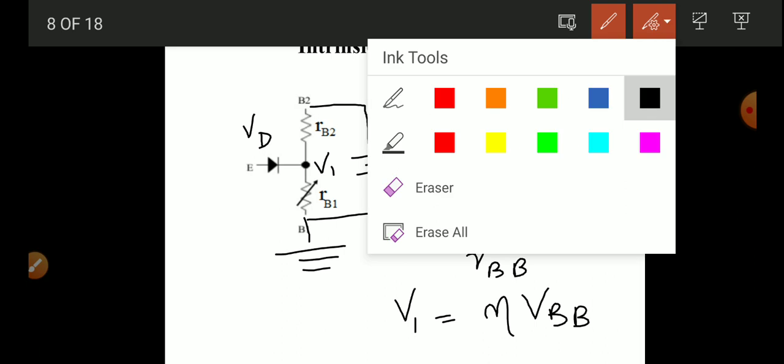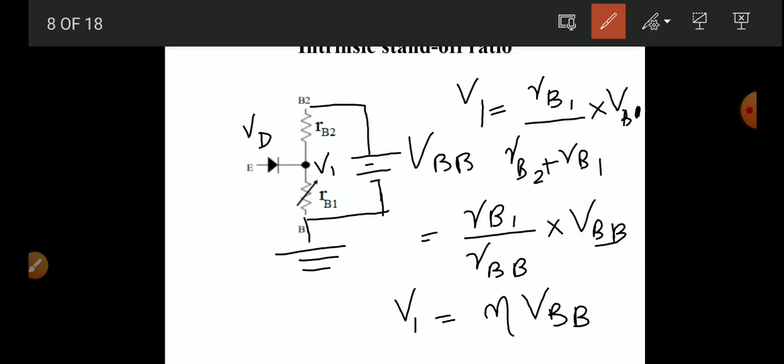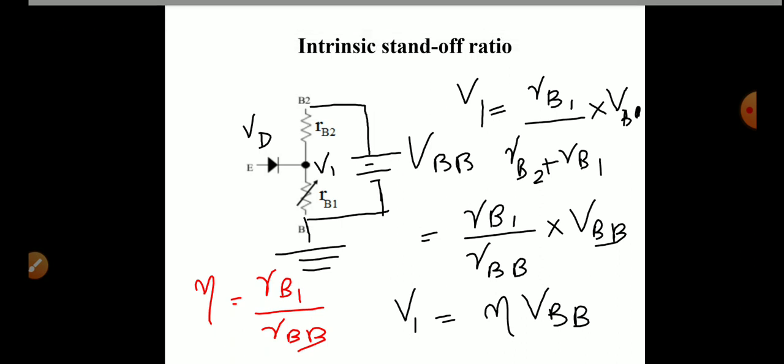So intrinsic standoff ratio eta equals RB1 divided by total resistance RBB. This is the intrinsic standoff ratio. The voltage drop across the resistance RB1 is called intrinsic standoff voltage. So V1 is the intrinsic standoff voltage.